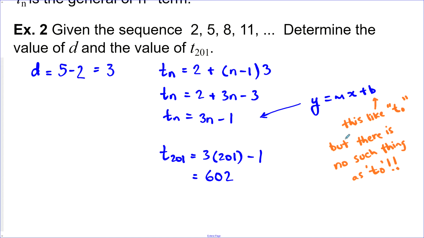Now that being said, there's no such thing as t0. Okay? When you run a race and you come in first, you don't come in 0th. Okay, so terms start at 1 and count from there. So this would be like a y-intercept or t0, but there's no such thing. Also, the common difference here is going to be like our slope.